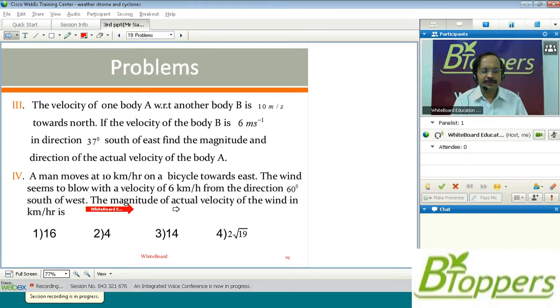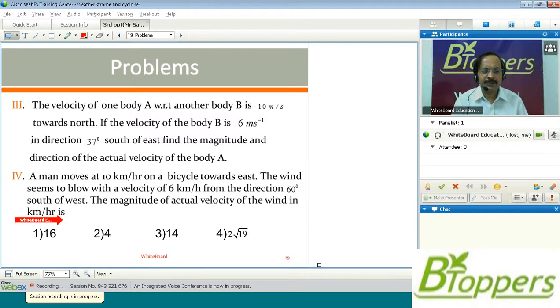The magnitude of actual velocity of the wind in km/h is. So next I have given the 4 multiple choice options. Out of which, which one is correct?